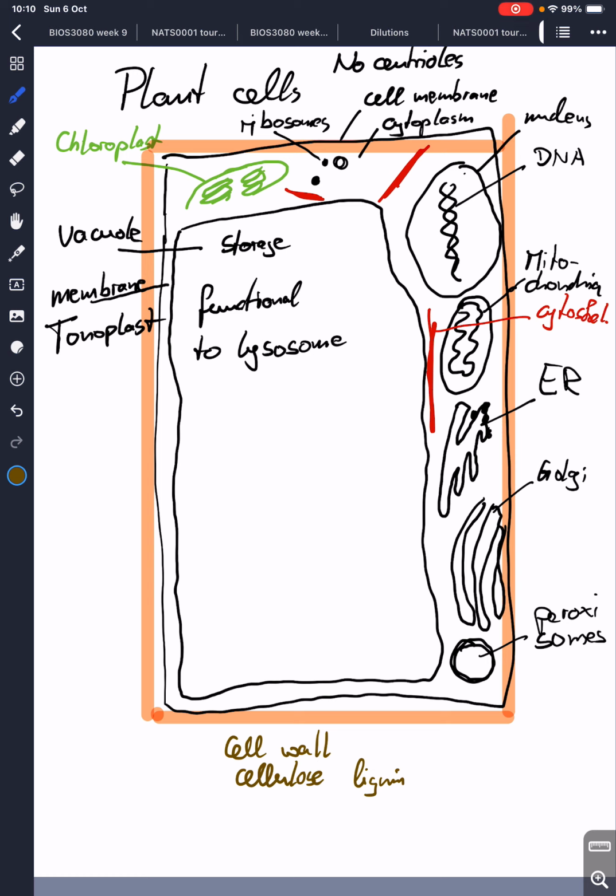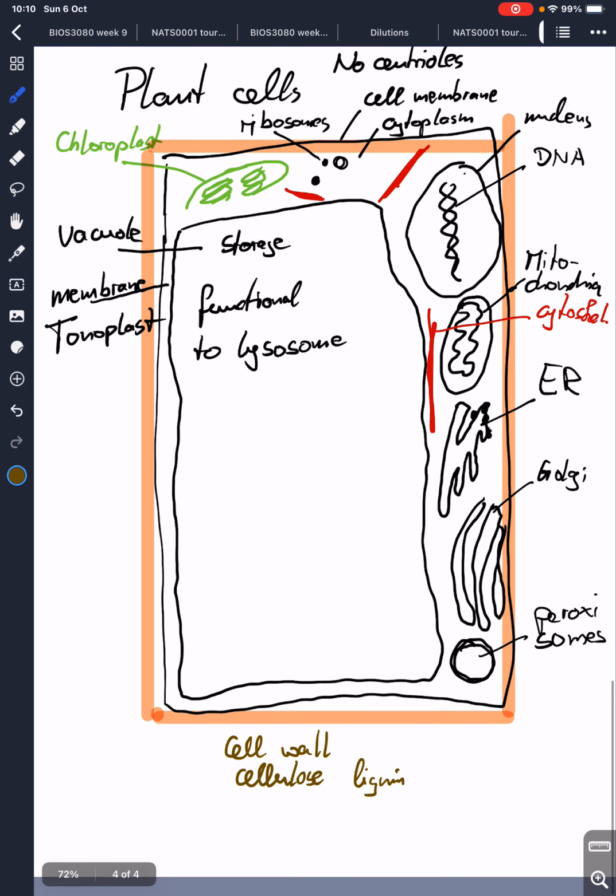And this is a fairly rigid structure that gives the plant cells their typical structure, if you like. And it makes it quite difficult, actually, for things to get into the cell. Not as easy as with animal cells.